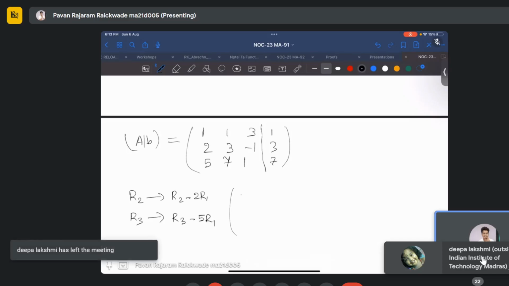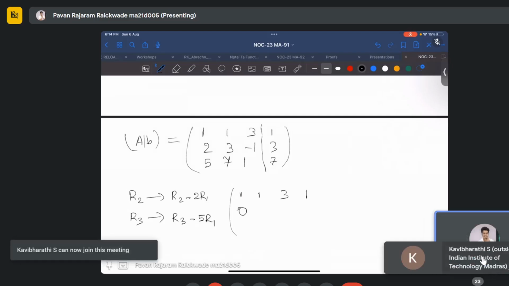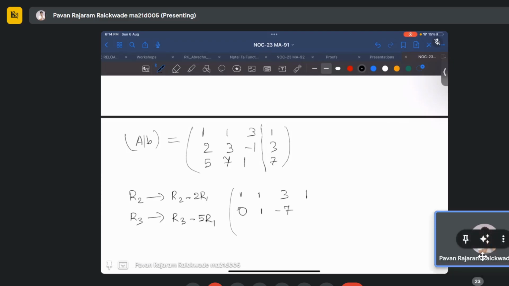With this change, I will get a matrix as 0, then 3 minus 2, 1, then minus 1 minus 6 is minus 7, and then 3 minus 2 is plus 1, and then 0, then 7 minus 5, 2, 1 minus 15 is minus 14, then 7 minus 5 again 2.